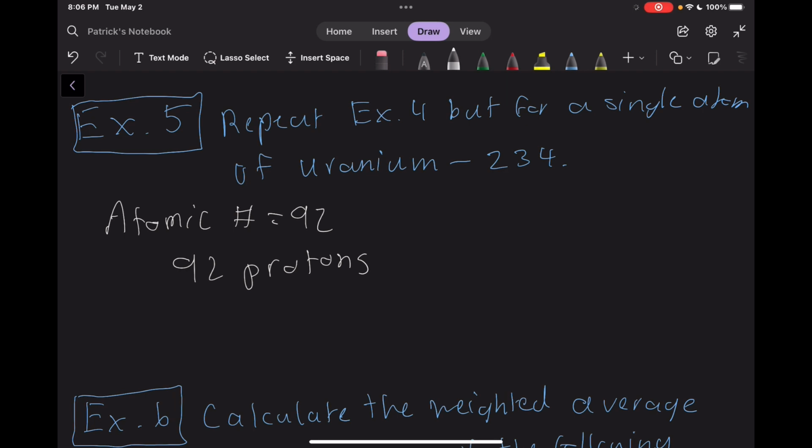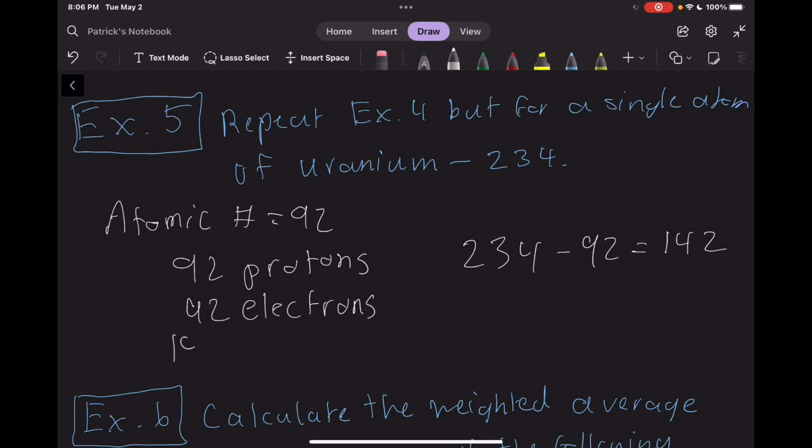Again, this is not an ion, so we also have 92 electrons. To find the number of neutrons, we subtract 92 from 234, to get 142 neutrons.